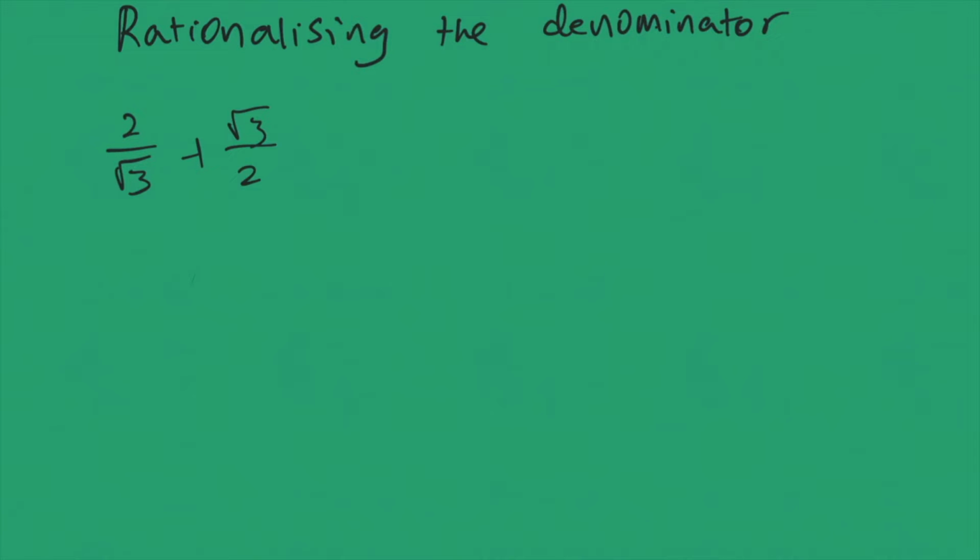The reason is that the denominator of the first term has a square root, and in order to add them together we need to express the thirds, in this case square root 3, in the simplest form with a rational denominator, which is a denominator without thirds.